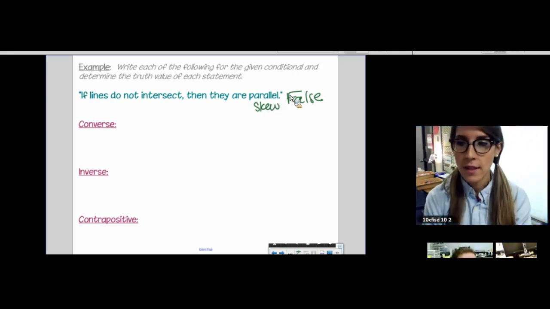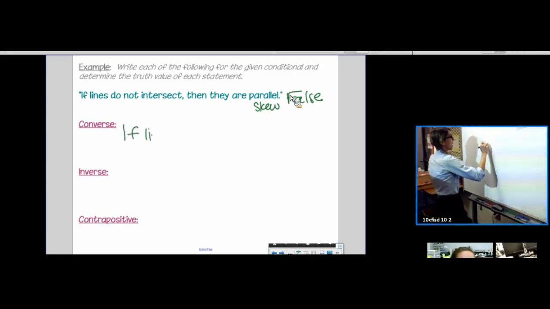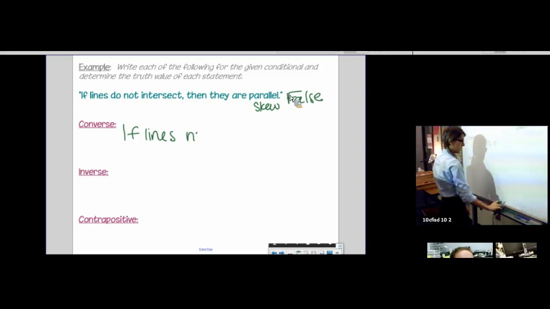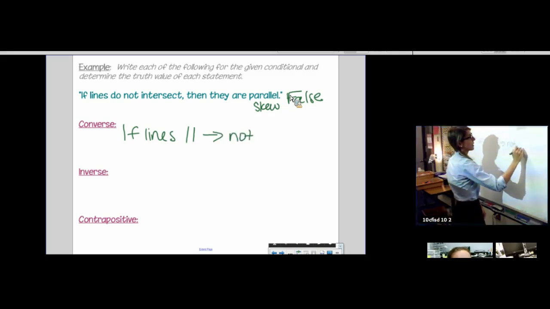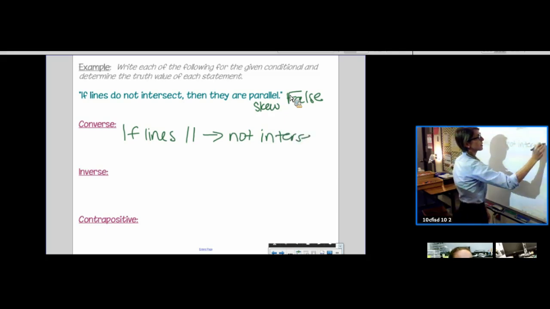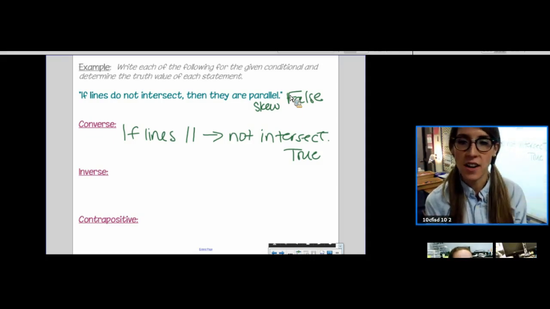Okay? Now let's write the converse. If lines are parallel, then they do not intersect. Totally true. That's one of the different definitions of parallel lines. They do not intersect.